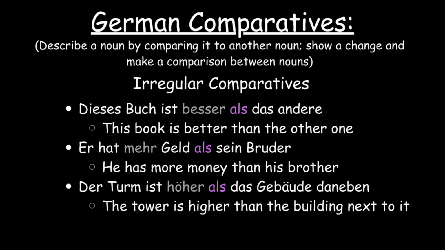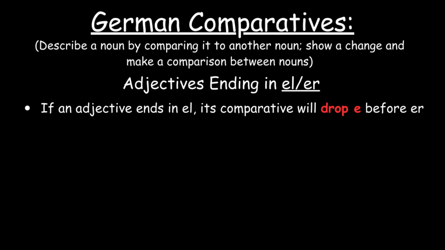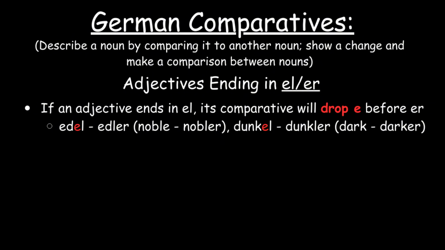This is how irregular comparatives work in German, but moreover, it's possible to find adjectives that naturally end in L and R. In this case, German has a special spelling rule. If an adjective ends in L, its comparative will drop the e before the L, such as edel, edler, and dunkel, dunkler.